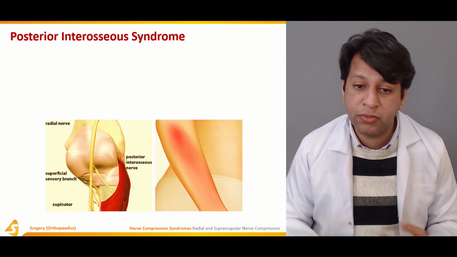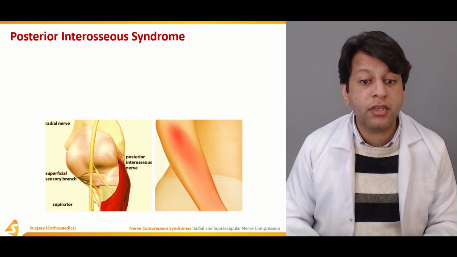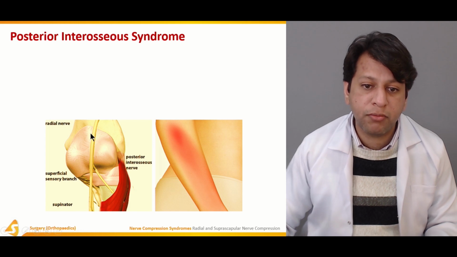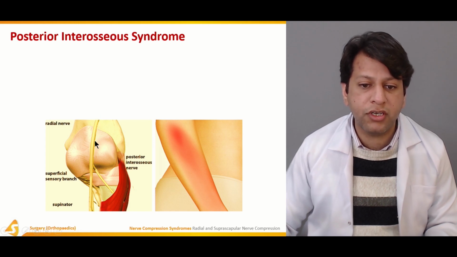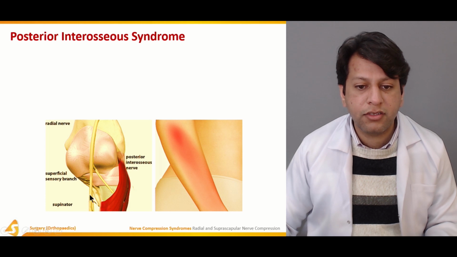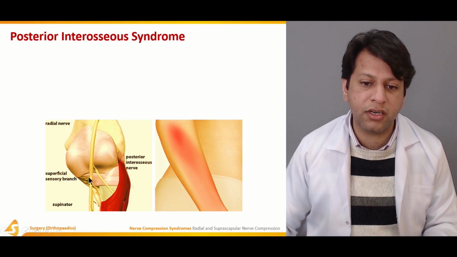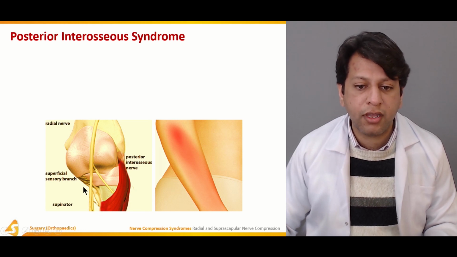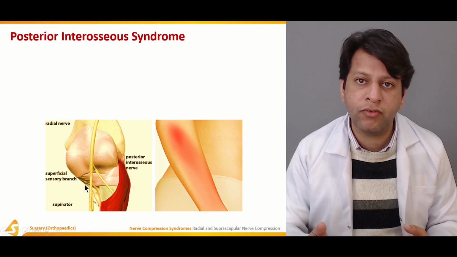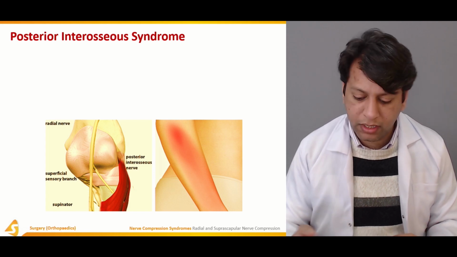In PIN syndrome, the nerve, as I told you, can get compressed at 5 sites. Now this is the posterior part of the elbow. The radial nerve is dividing and giving off branches. This is already the branch being given to extensor carpi radialis longus, and it continues as the PIN. Once it continues as the posterior interosseous nerve, it can get compressed at the 5 areas I told you.